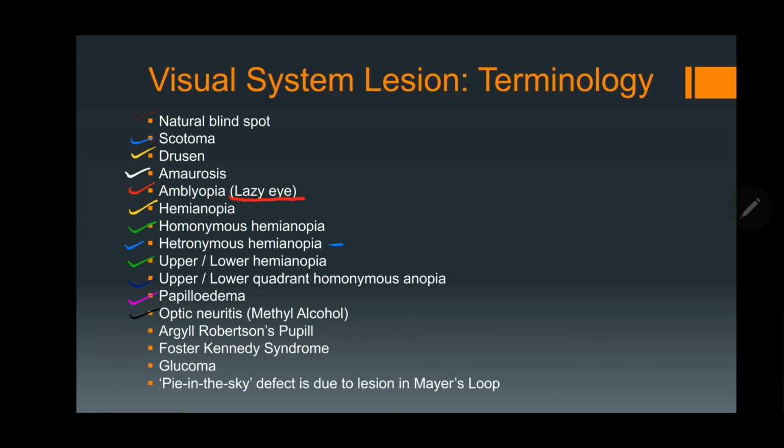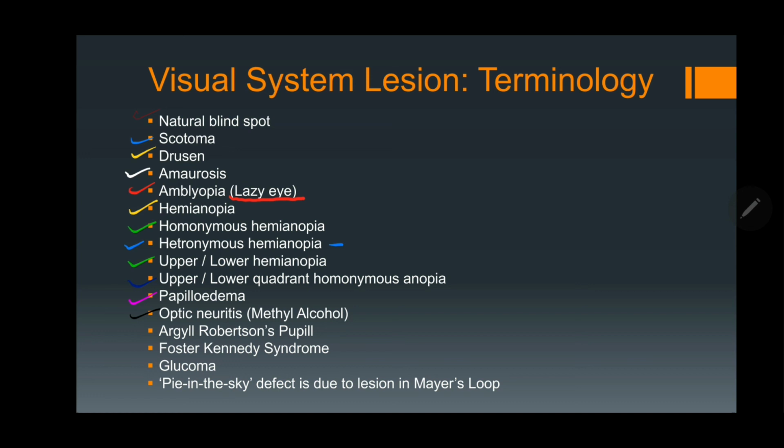Due to optic neuritis, when you go for fundus examination, the optic disc will not be so much edematous, but it will be pale, and there will also be diminution of vision around this blind spot.